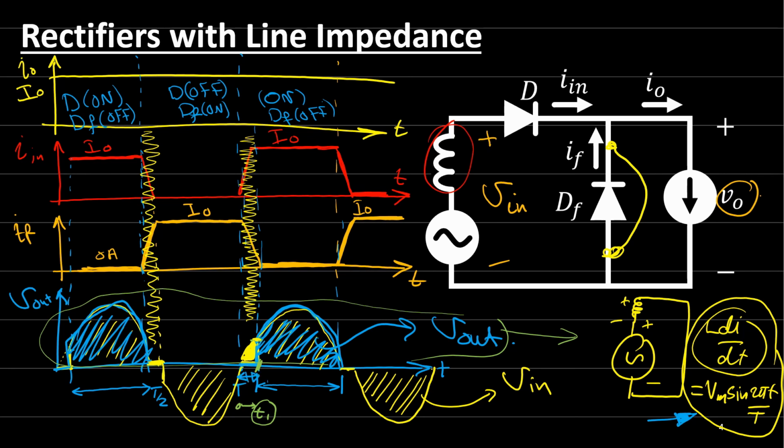Once we find this value, we deduct the value of this voltage from the whole sine wave, and then we can find the average rectified voltage of this kind of rectifier with line impedance.